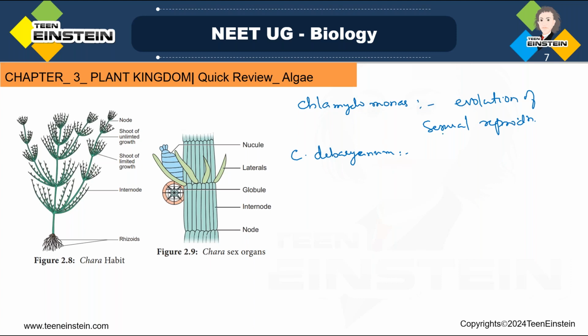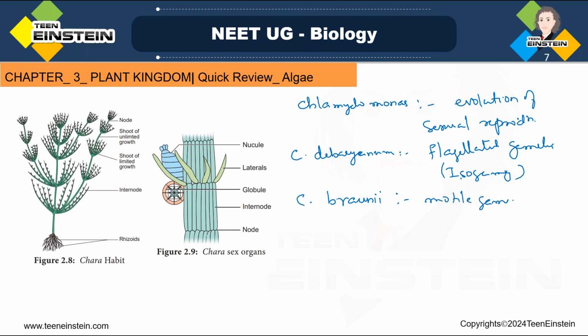In debaryanum, the gametes are flagellated, and they are similar in size because isogamy is taking place. But in Chlamydomonas braunii, the gametes are motile, but they are dissimilar in size because anisogamy is taking place.